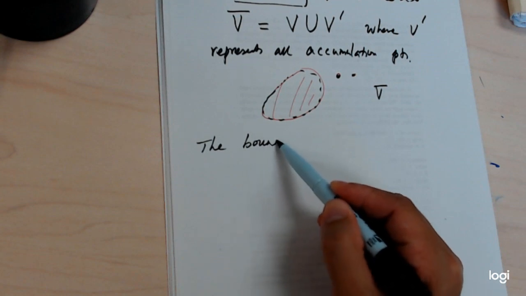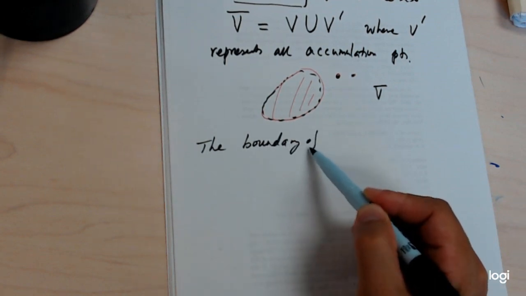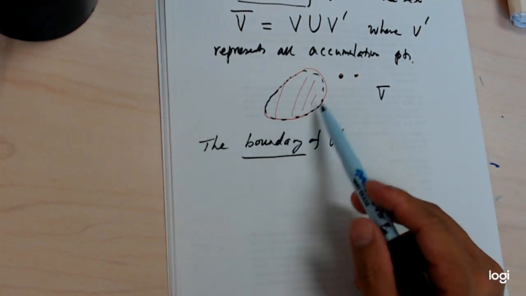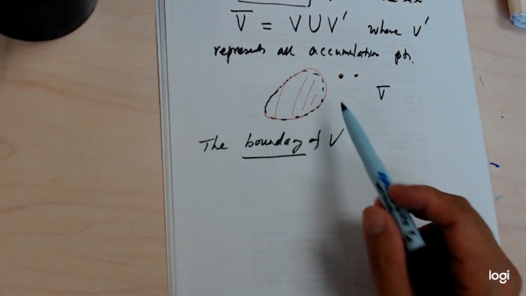And then we talk about the boundary. What's the boundary? How do we define a boundary point, the boundary of this set?